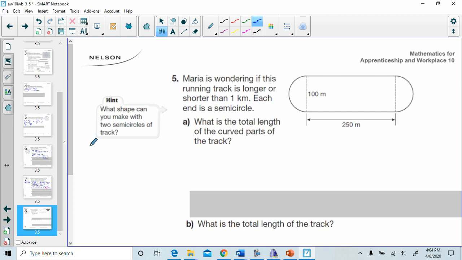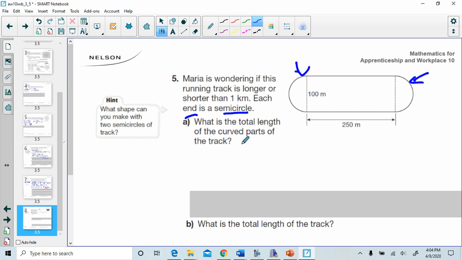Okay, moving on to the track question. Here the scenario is Maria is wondering if the running track is longer or shorter than a kilometer. We're told that each end is a semicircle. So if we put this end together with that end, we should form a circle, and that circle has a diameter of 100.